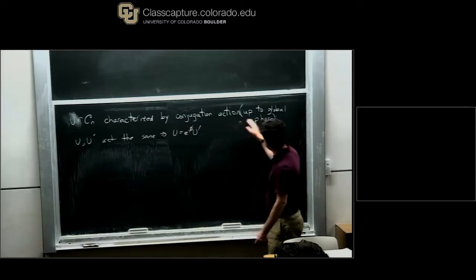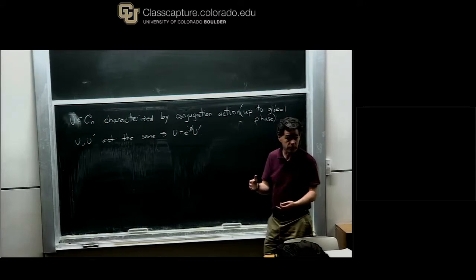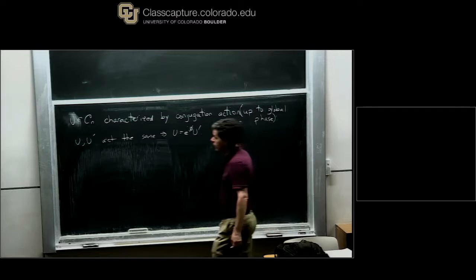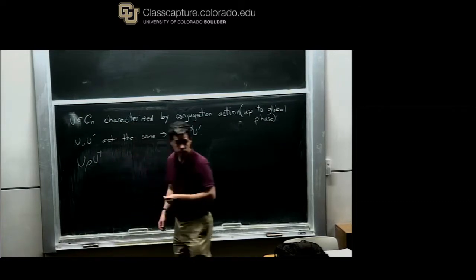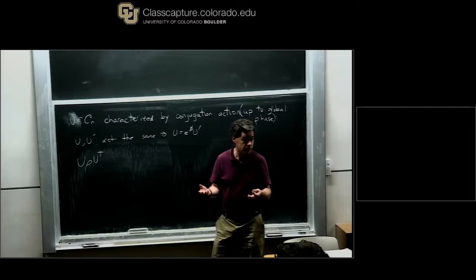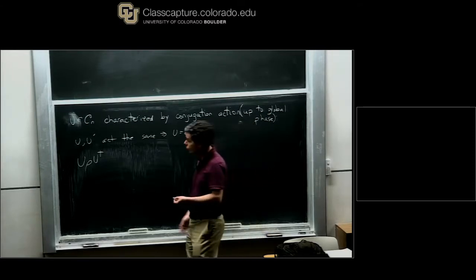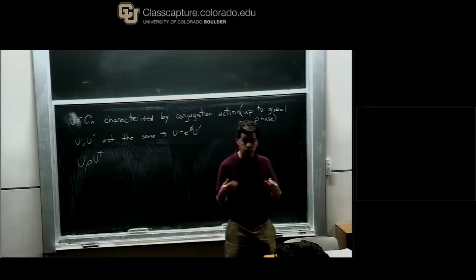Maybe one hint is that since we don't care about global phase, we should be talking about density matrices rather than states. So clearly, up to global phase, it's sufficient to look at u rho u dagger, right? And rho is a 2 to the n by 2 to the n matrix. So we can expand it in a basis for the 2 to the n by 2 to the n matrices, and the Pauli matrices form a basis.